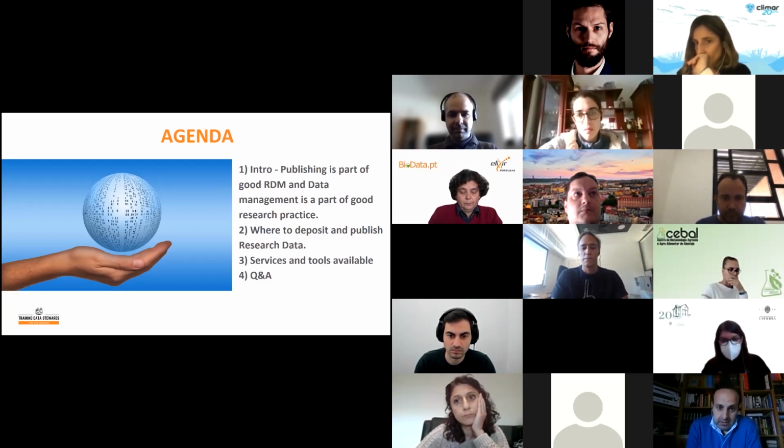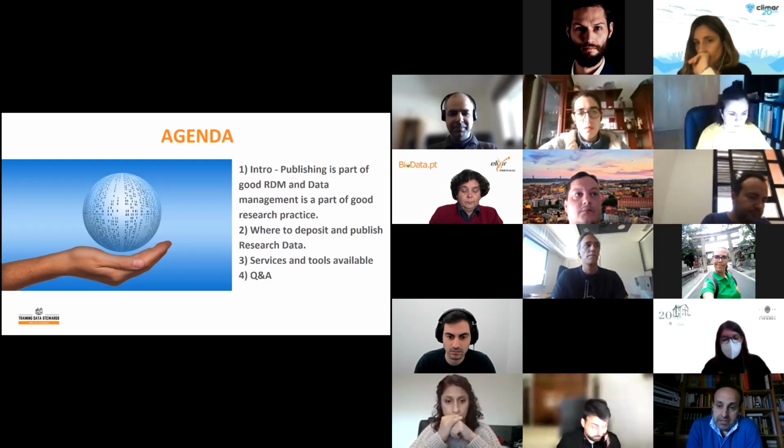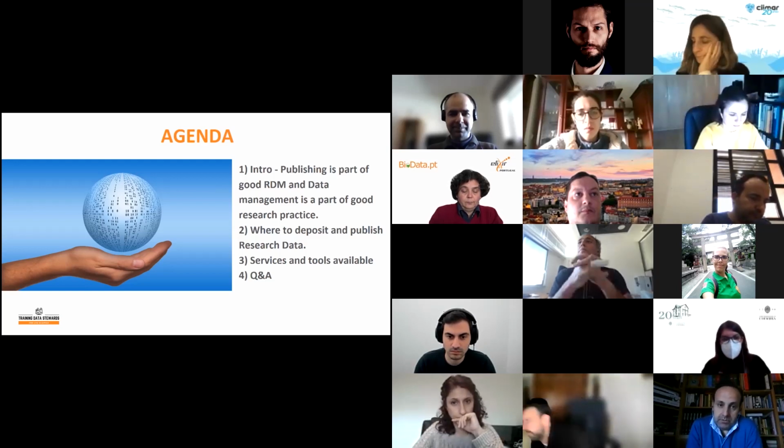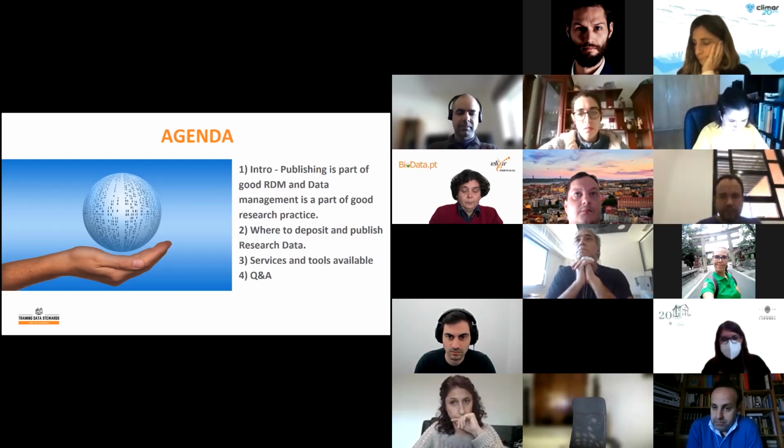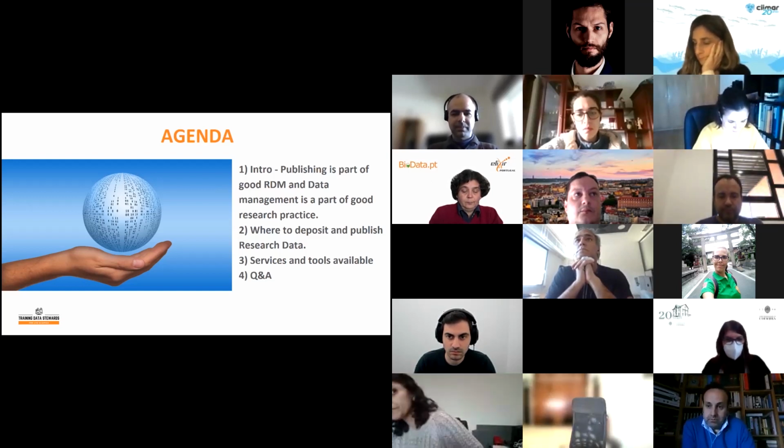First, an introduction to several concepts that I think are important to take into consideration when we talk about archiving, sharing and publishing data. Then a second part about where to deposit and where to publish research data, checking some generic services and tools, with some demos.